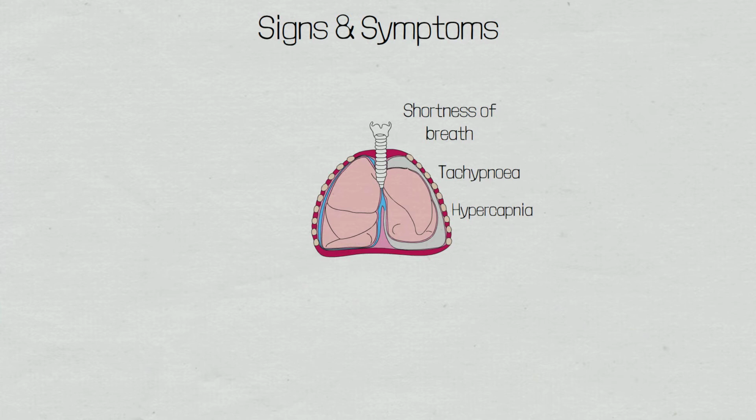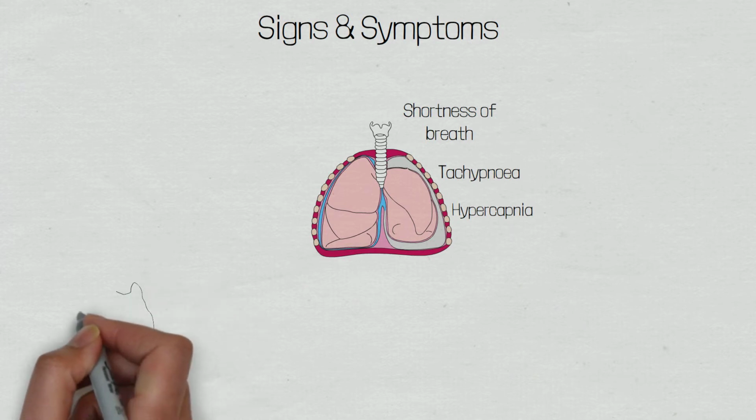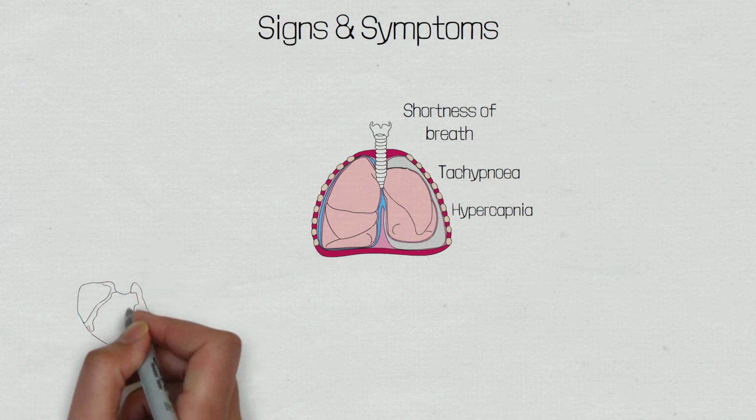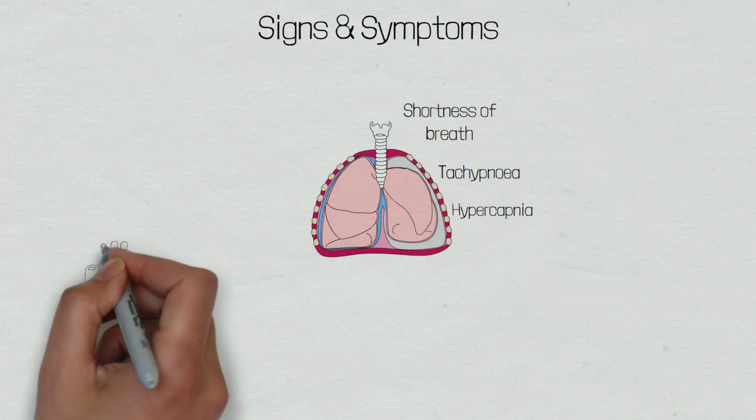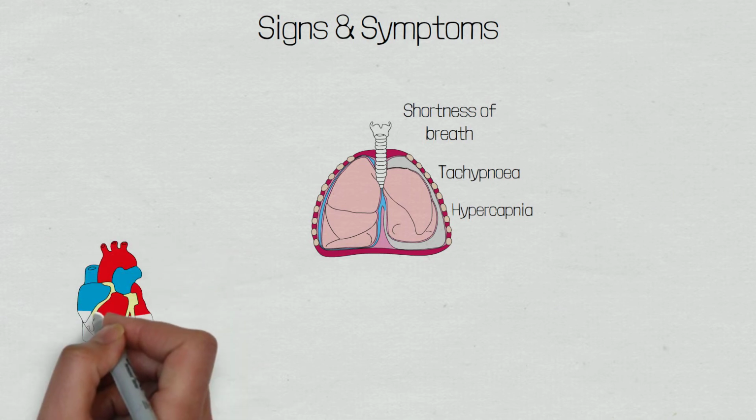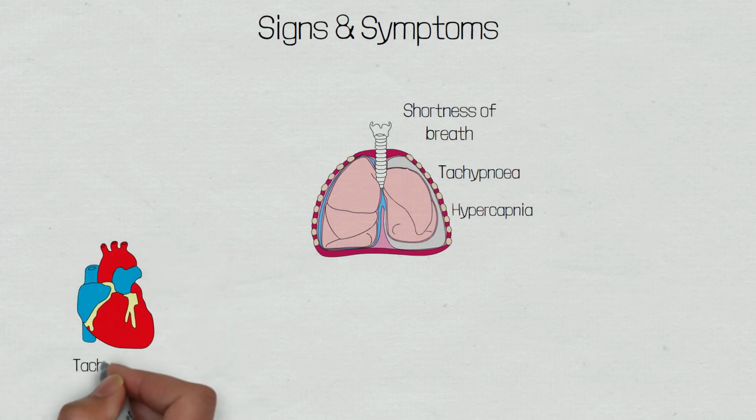The chemoreceptors that sense a change in carbon dioxide levels not only trigger the respiratory center, but they also trigger the cardiac accelerator center, leading to an increased heart rate. Reduced pulmonary function will also put a greater demand on the heart to provide oxygen to the cells of the body.